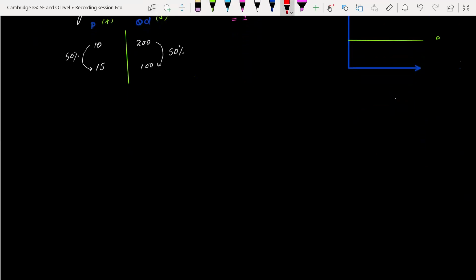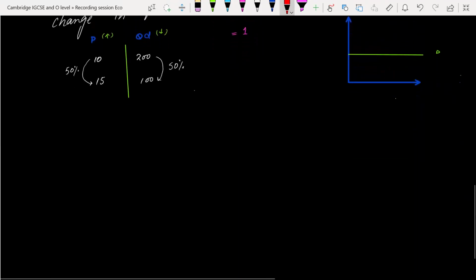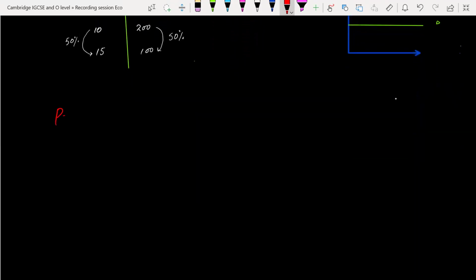Next one is perfectly inelastic. The last one was perfectly elastic, but this one is perfectly inelastic, meaning when PED is equal to zero.